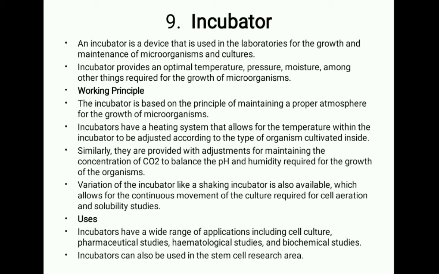Similarly, they are provided with adjustments for maintaining the concentration of CO2 to balance the pH and humidity required for growth of organisms. Variations of incubator like the shaking incubator are also available, which allow for the continuous movement of the culture required for cell aeration and solubility studies.